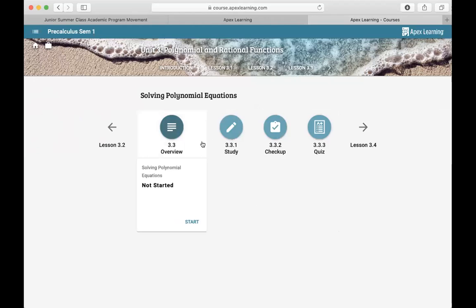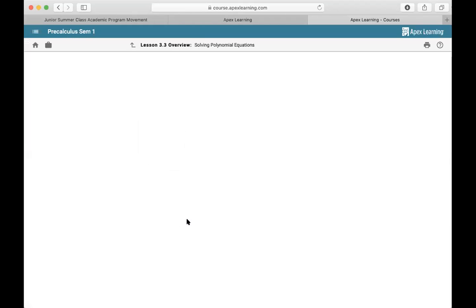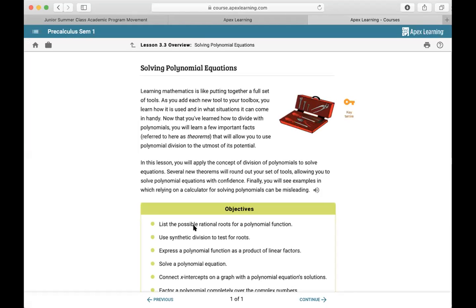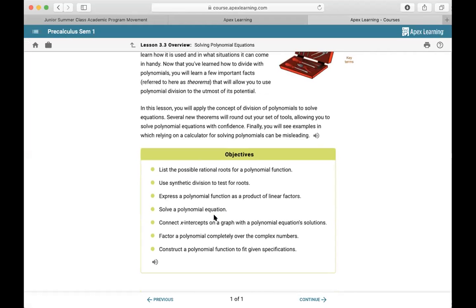Now when we go to the next section, we've got solving polynomial equations. When we're solving for them, we're just trying to use those theorems, those facts that we've learned. We're going to use synthetic division to test for roots or factors.